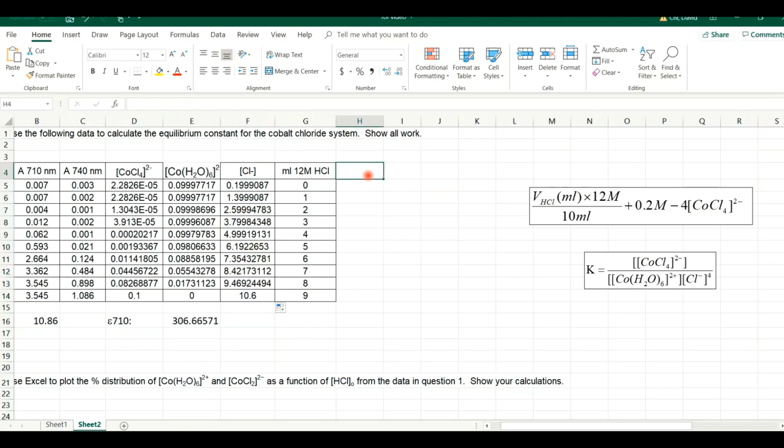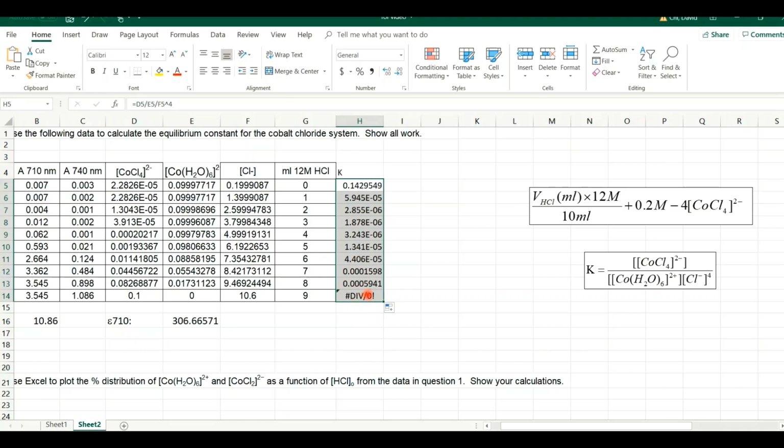We can calculate the equilibrium constant, which, according to this equation, is cobalt tetrachloride divided by cobalt hexahydrate and divided by chloride raised to the 4th power, and copy paste.